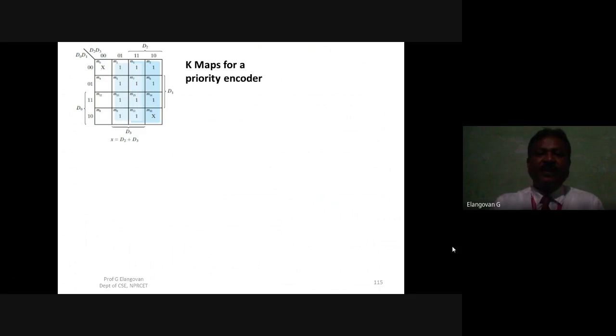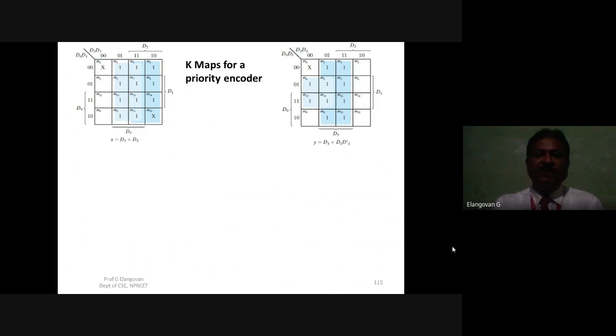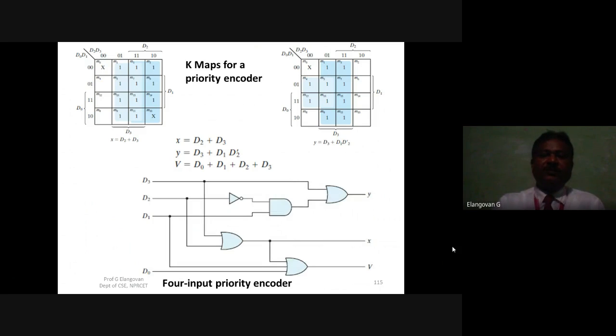To design the circuit for that, we derive X and Y, and V represents the valid output.